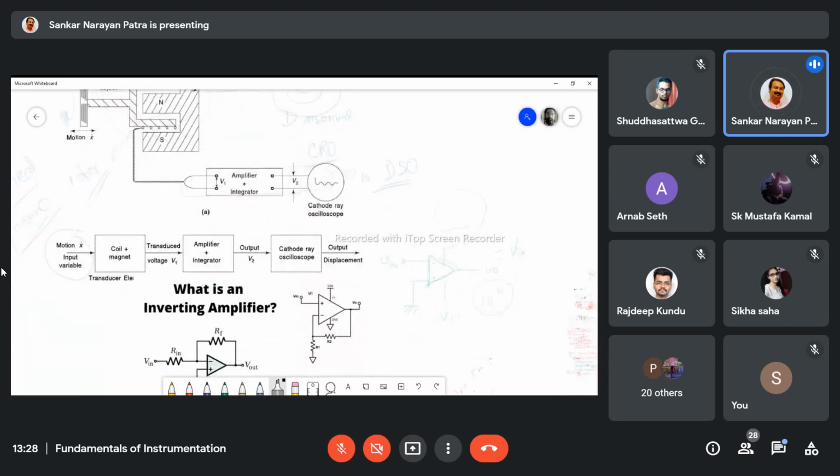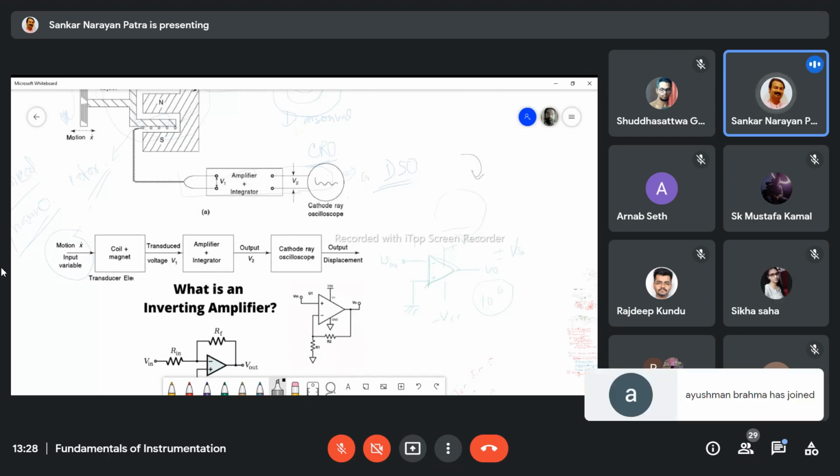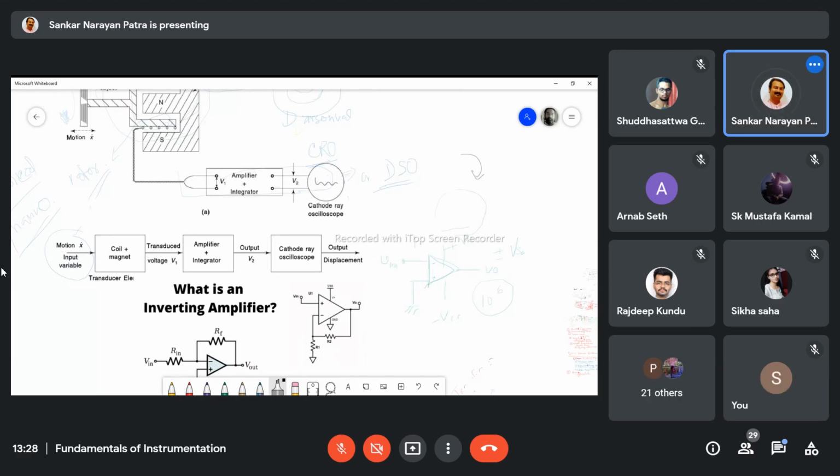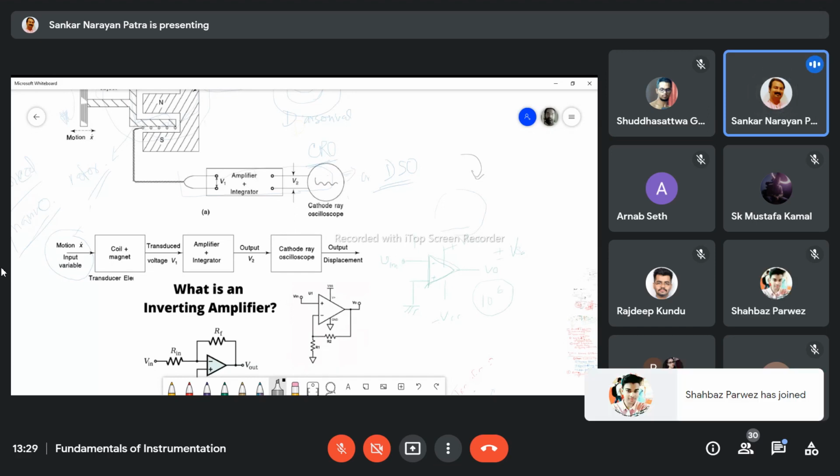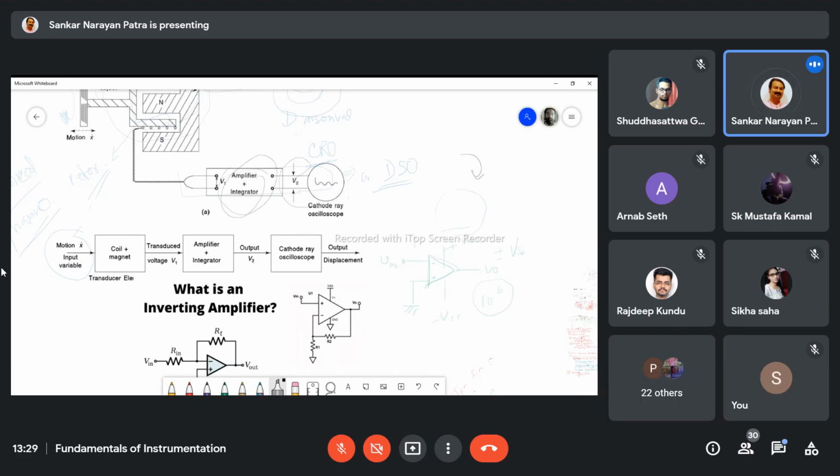Electro dynamometer means where the rotor is forced to rotate in a magnetic field. Where the rotor is moving in a magnetic field, the magnetic field causes a current through the coil or the wire wound on the coil. That current is fed to an amplifier and integrator, then to CRO to monitor how much current is produced.